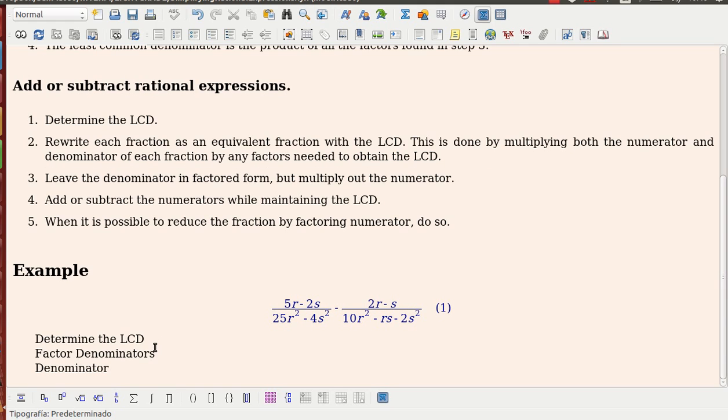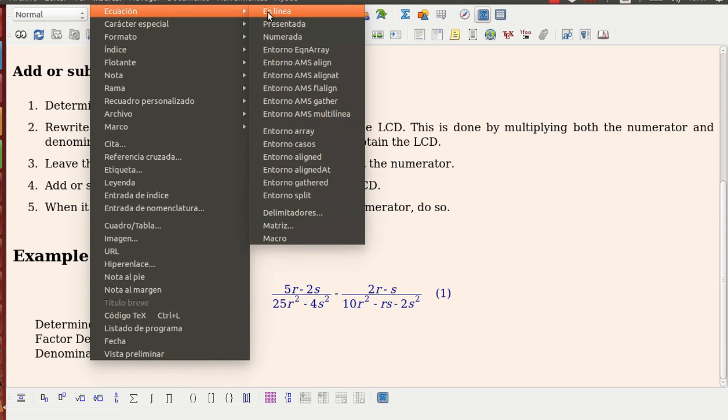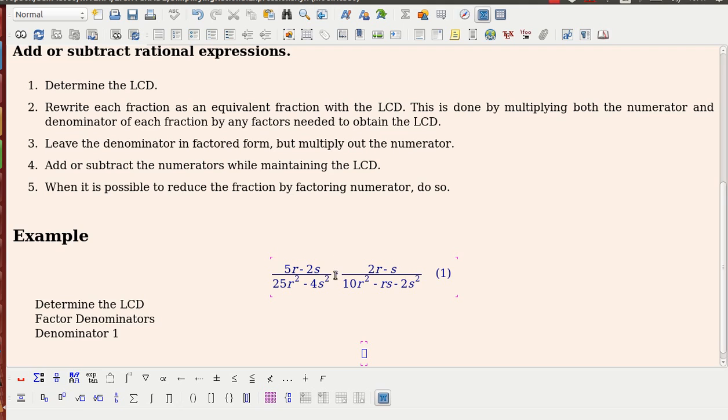Denominator 1. So we're going to factor denominator 1: 25r squared minus 4s squared.